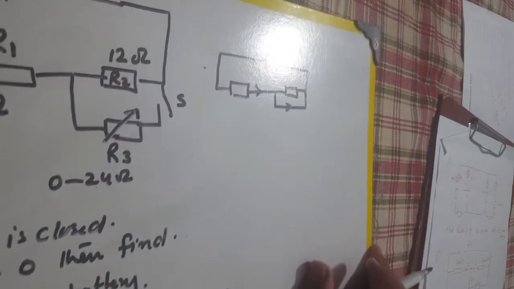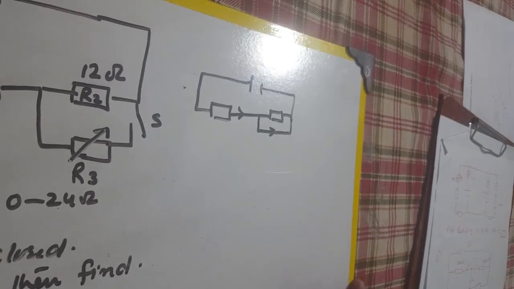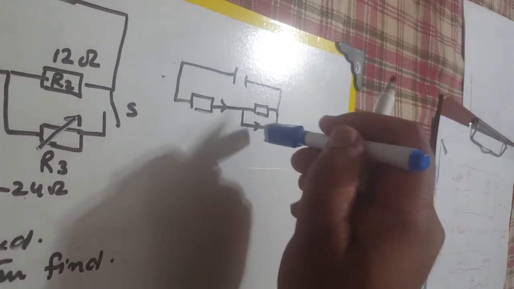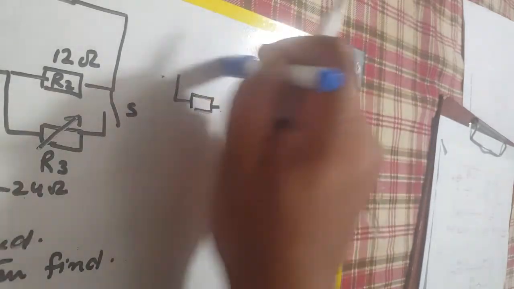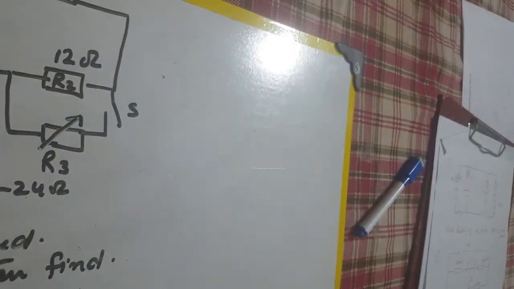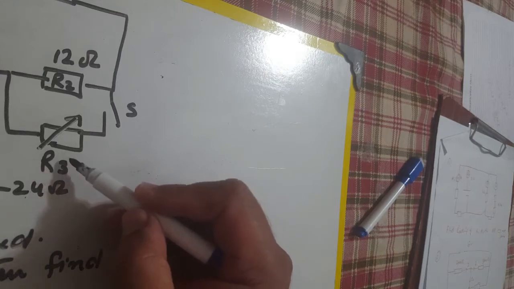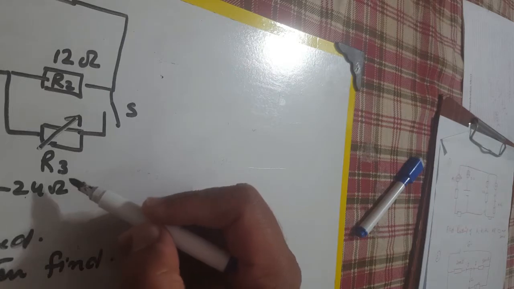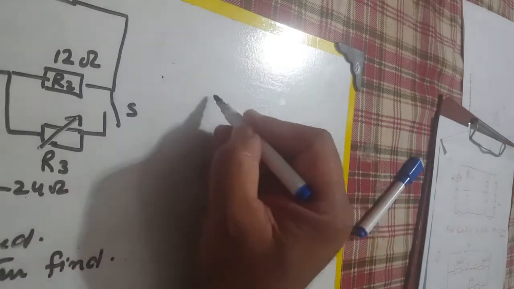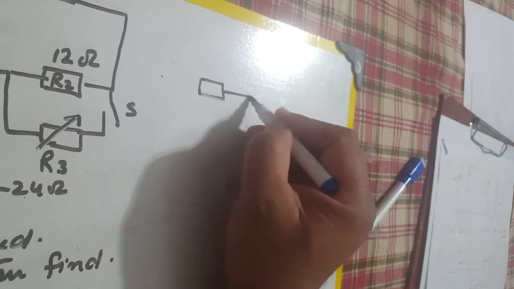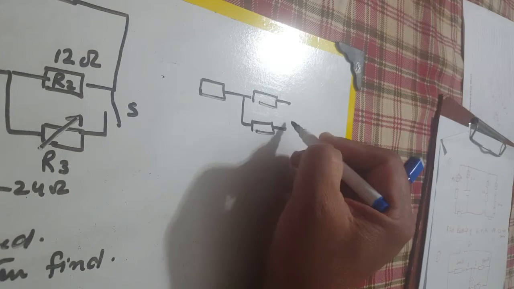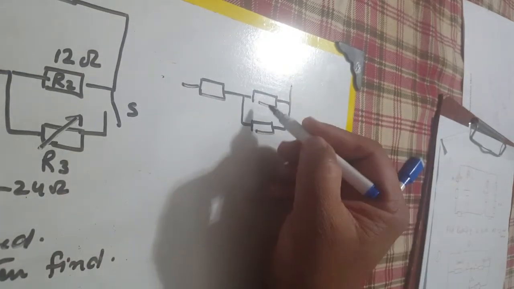Okay, let's come to the second part of the question. It says that when this resistor is set to 24 ohm. This resistor has a range of values, 0 to 24, and now it is set at 24. When it is set as 24, the circuit will look like 6 ohm, 12 ohm, 24 ohm, and you need to solve.